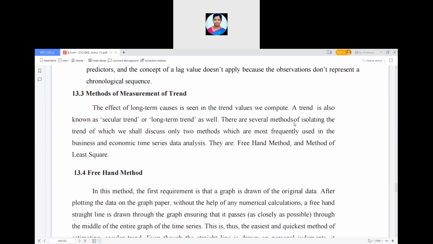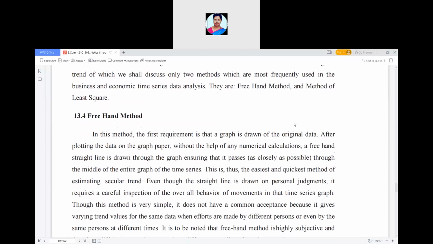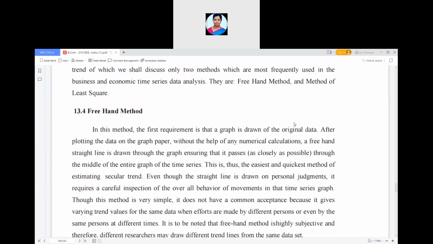First we will see the freehand method. This is the simplest method of studying the trend. The procedure for obtaining that line is very simple.